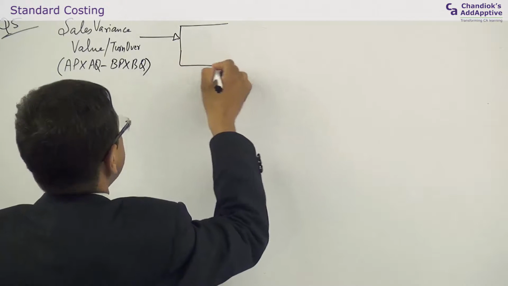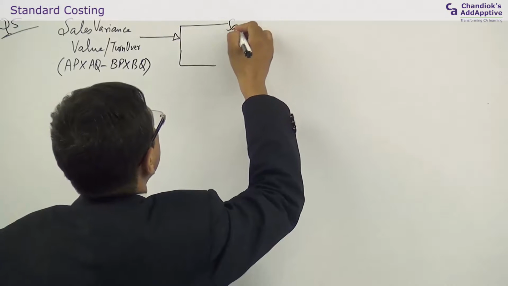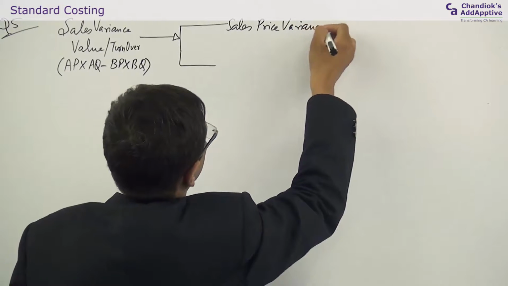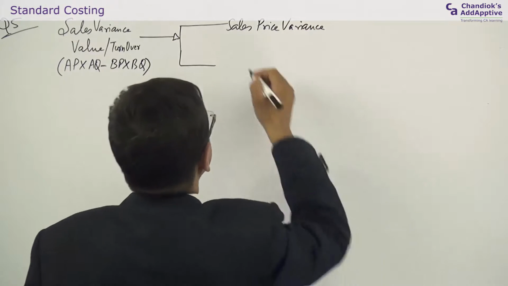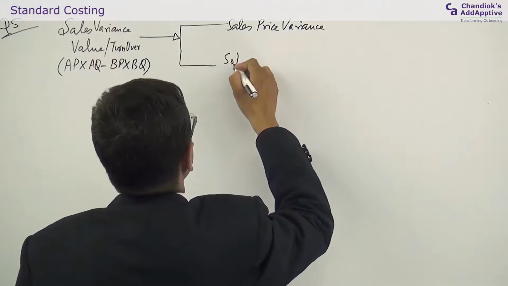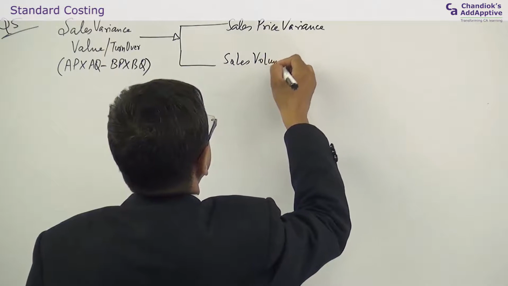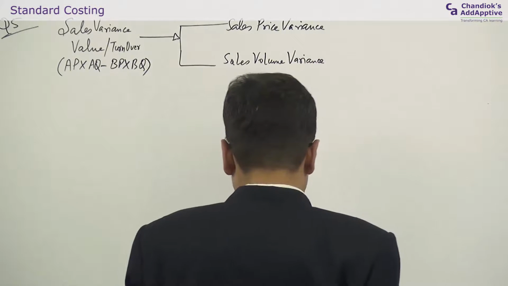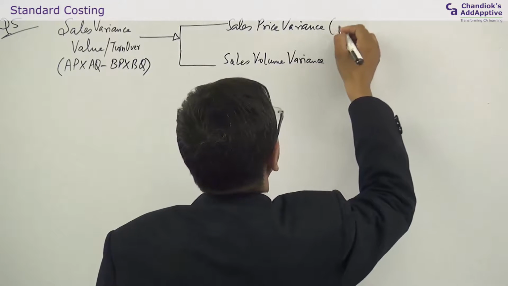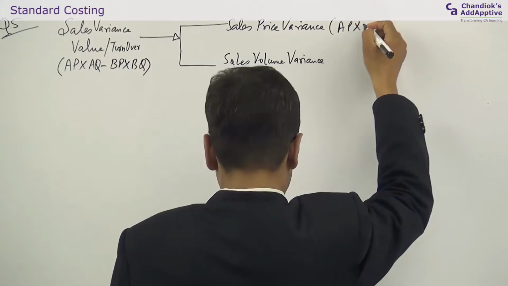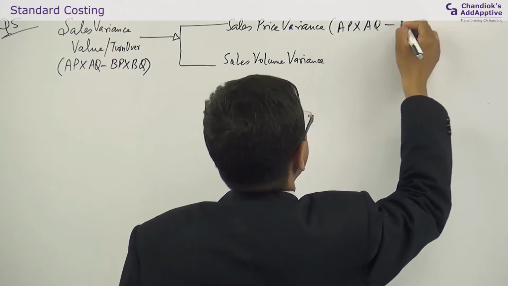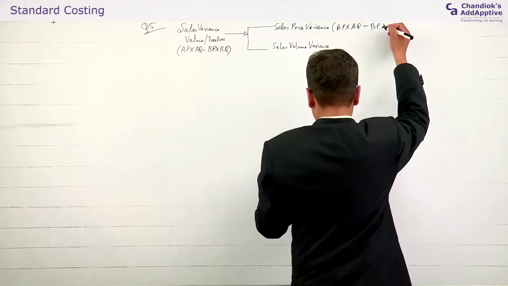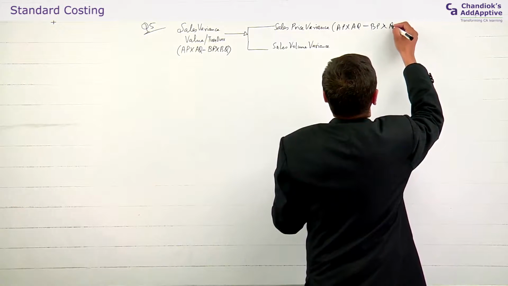It has two aspects. One is sales price variance, another is sales volume variance. This price variance is actual price into actual quantity minus budgeted price into actual quantity.